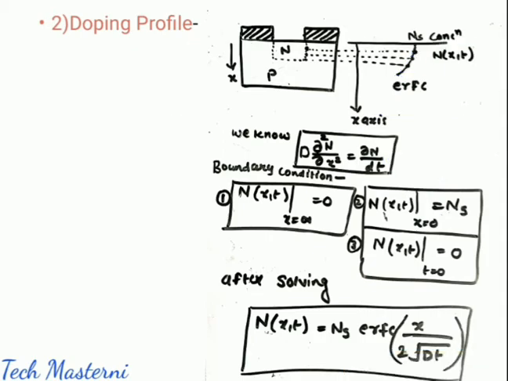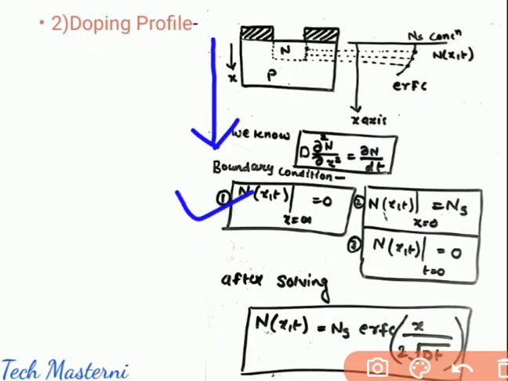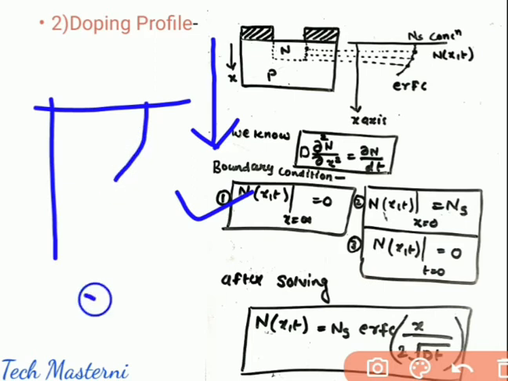Let us see the boundary conditions first. At x equals infinity, it means from the very last corner of my substrate, my concentration will be 0. Obviously it can't reach this last point of my substrate, so it will be 0 there.